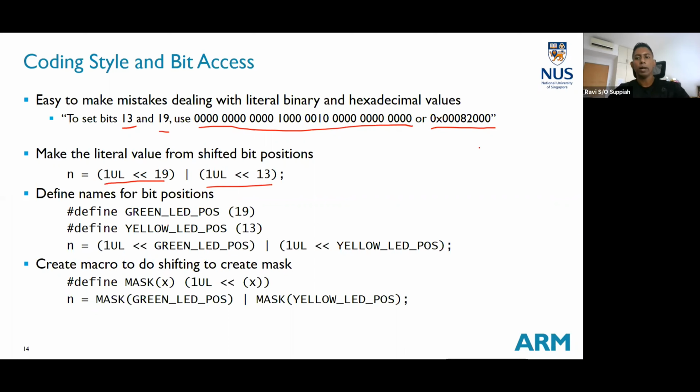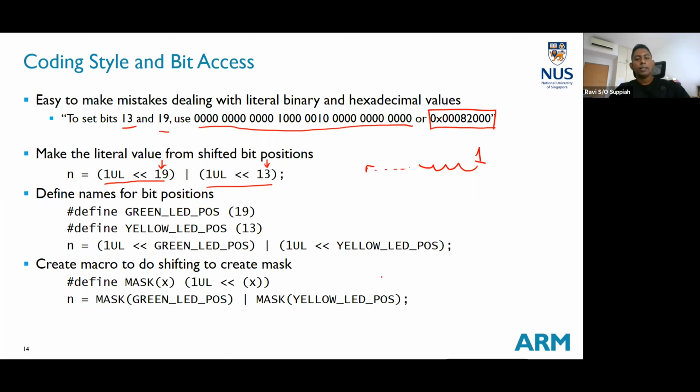That means a bit one, you shift left by a certain number of times, then you OR with another one shifted left by another number of times, and you OR them together, so you get this particular end result, which is going to be the same as what you have here. A slightly better version would be, instead of putting 19 and 13, you define them. So this is my green LED, this is my yellow LED, and so on, and then you shift based on that.